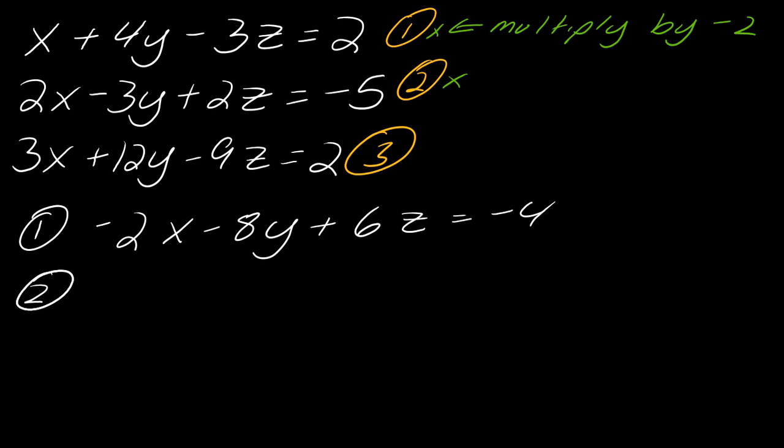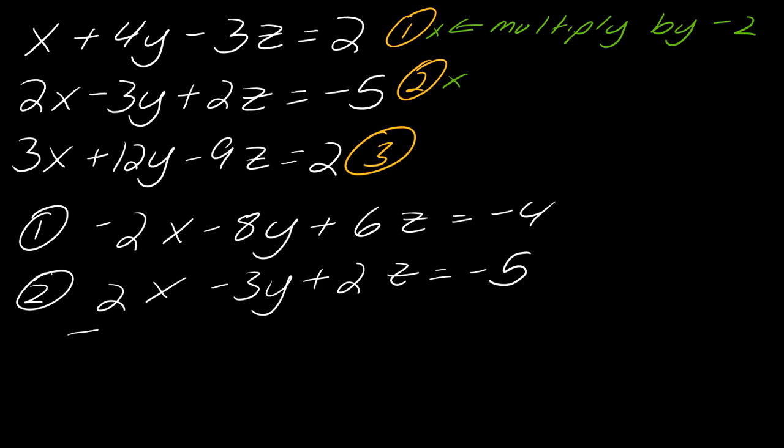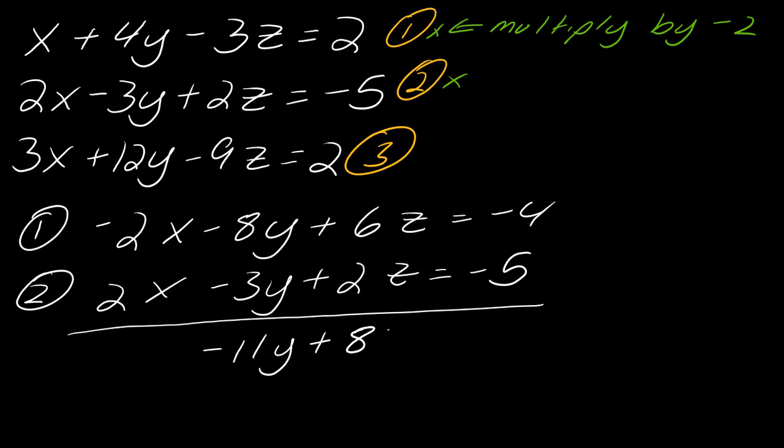And then for this other one, this is 2x minus 3y plus 2z equals negative 5. Okay, so now I can start with the elimination. As I work through this, the x's drop out. I'm left with negative 11y plus 8z equals negative 11. Okay, cool. So this is going to be my equation A.